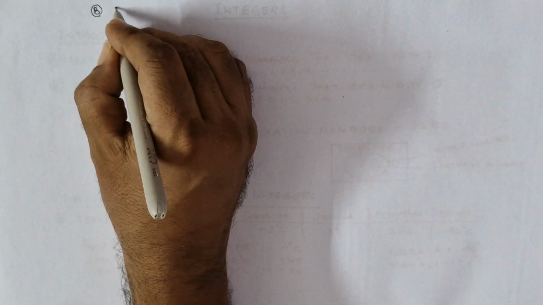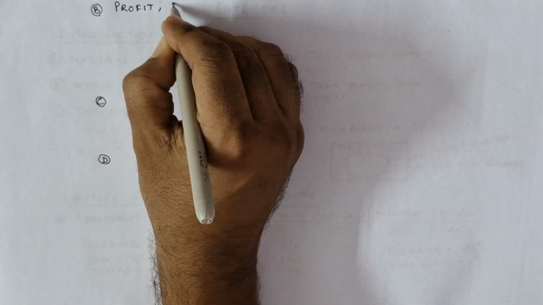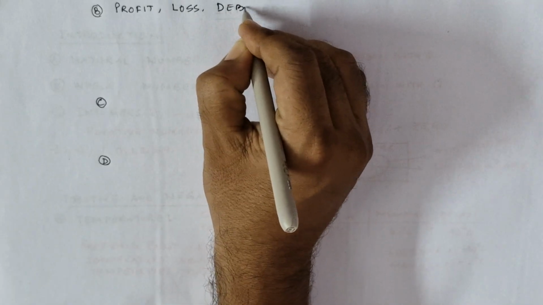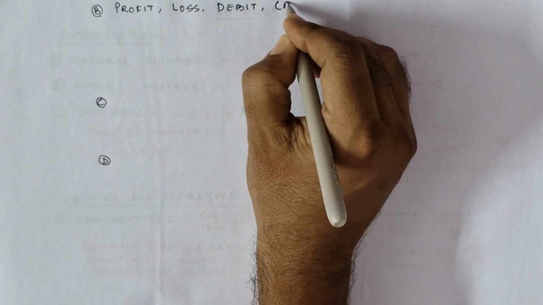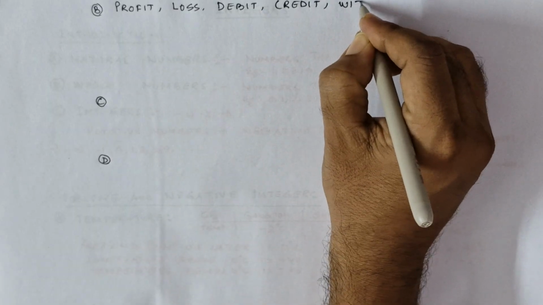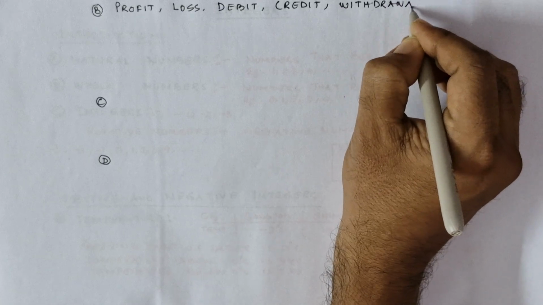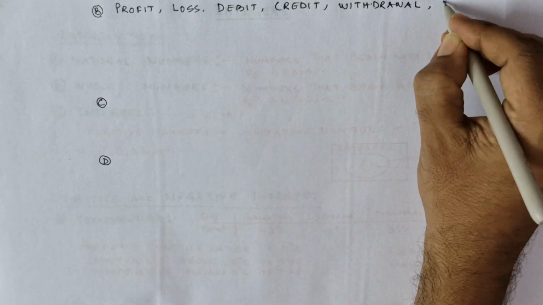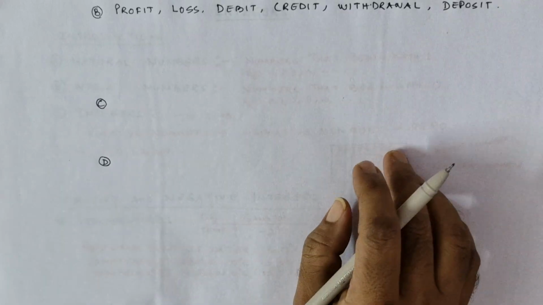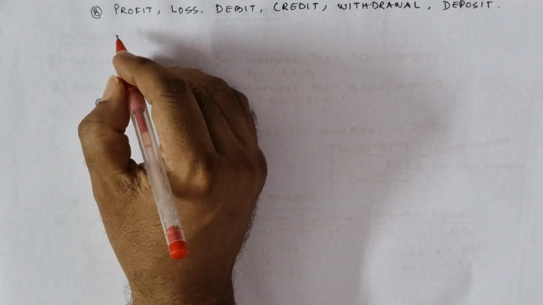We'll take profit, loss, debit, credit, withdrawal, and deposit, right? Remember a few key points here.